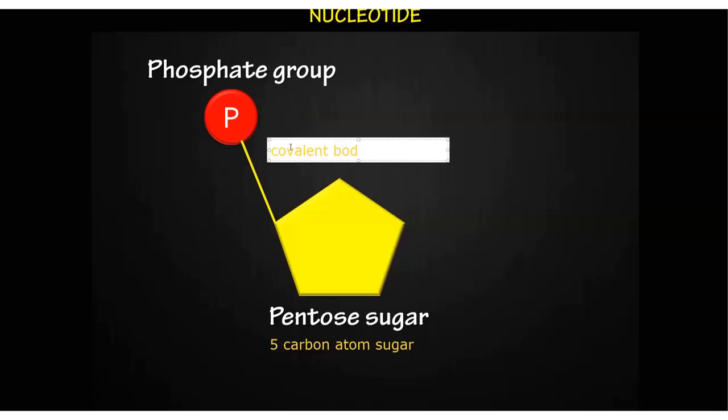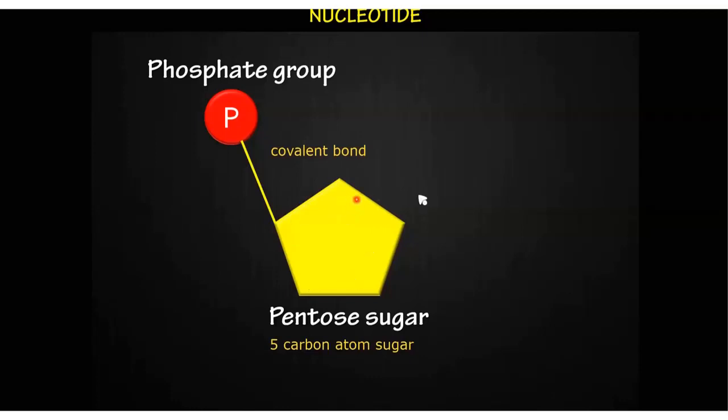It's not new because under lipid, I already showed you carbon needs to have 4 covalent bonds, oxygen needs 2 covalent bonds, hydrogen needs 1 covalent bond. To represent a covalent bond, we always use a straight line. So the phosphate group is attached covalently with a pentose sugar.